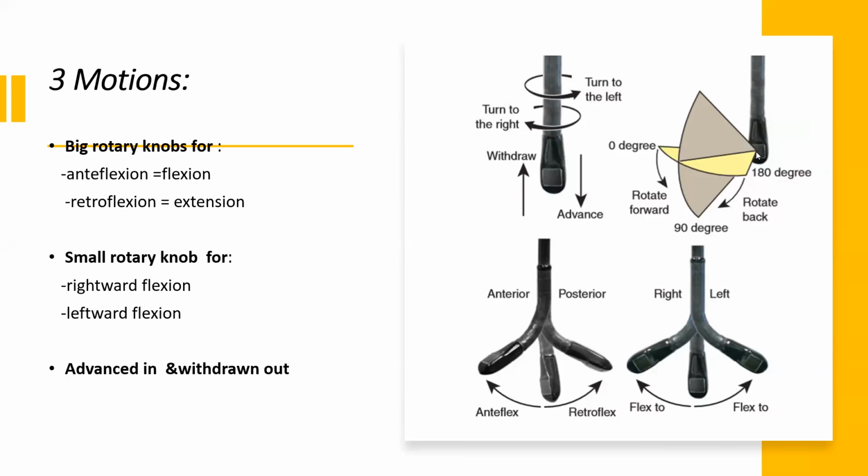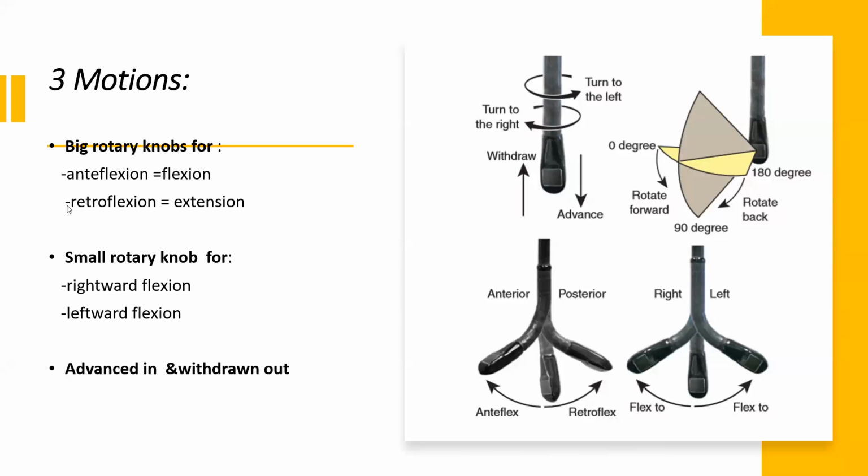When you put your probe in the esophagus, there are 2 knobs, up and down. When you press up, it will go from 0 to 30 to 90 to 180 degrees, and the other one will go back from 180 to 0.